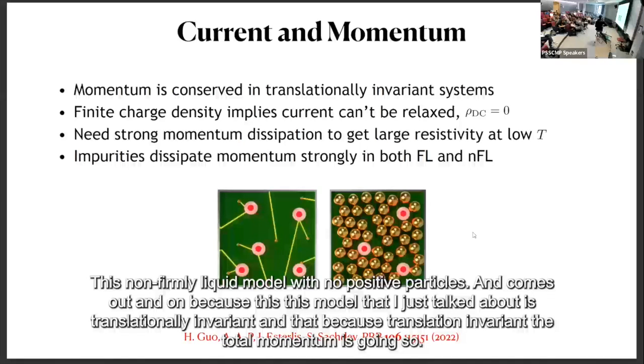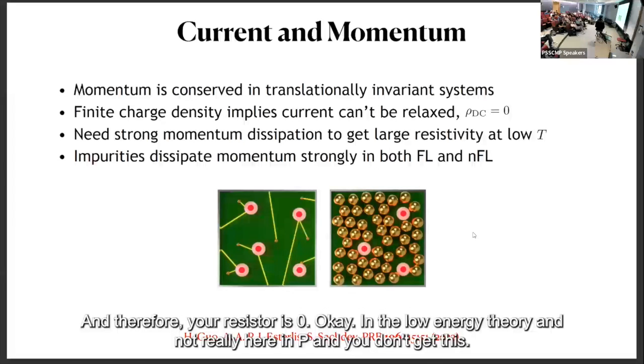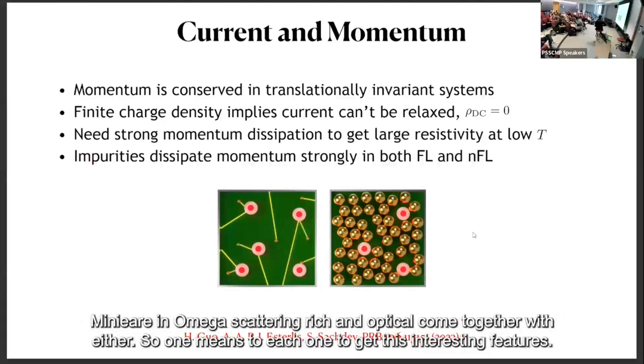It turns out none, because this model that I just talked about is translationally invariant, and because of that, the total momentum is conserved, and you have finite charge density, then you cannot relax current when you have a totally conserved momentum, and therefore your resistivity is zero in the low energy theory, and not linear in T, and you don't get this linear in omega scattering rate in optical conductivity either.